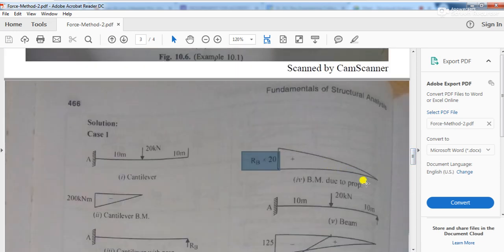You will have to take moment of this triangle about this point B. So what will be the moment?